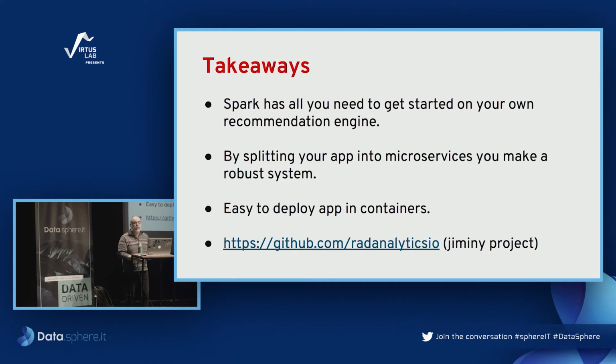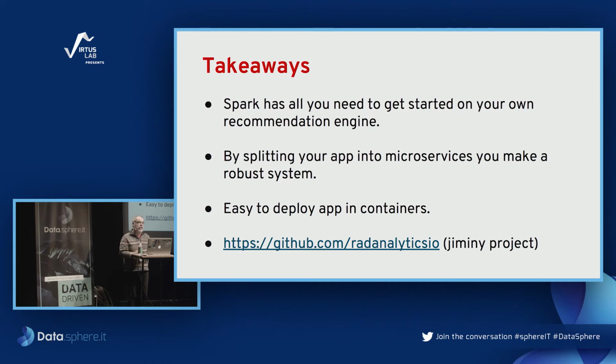By splitting the app into microservices, you also have the freedom to replace the components that you don't like. So let's say that you don't want to use Spark's ALS. Well, that's fine. You can implement your own Spark recommendation engine and then just replace the microservices that do the prediction and the modeling, and all the rest will be untouched. You don't need to change them.